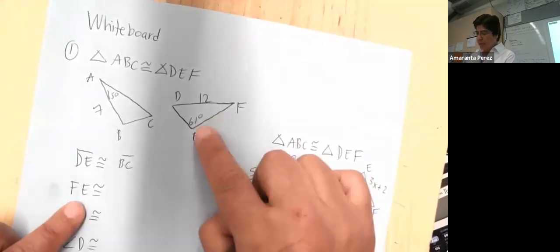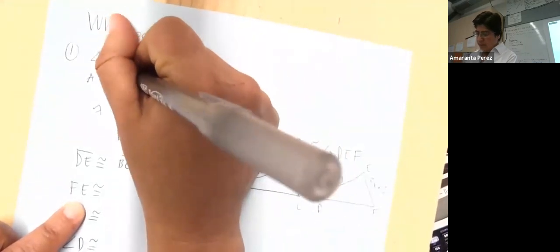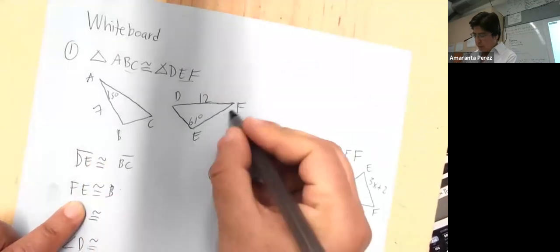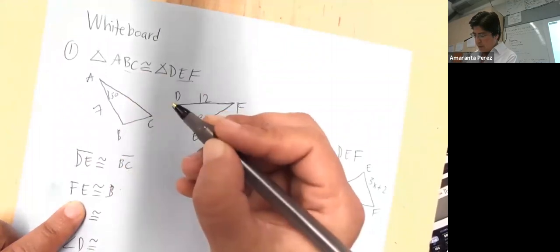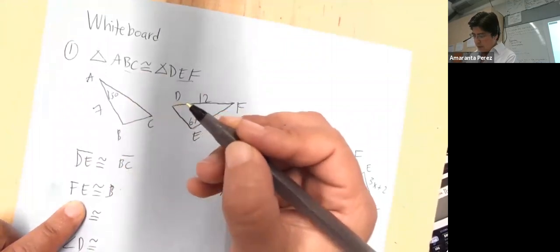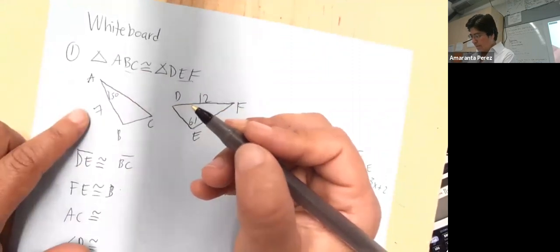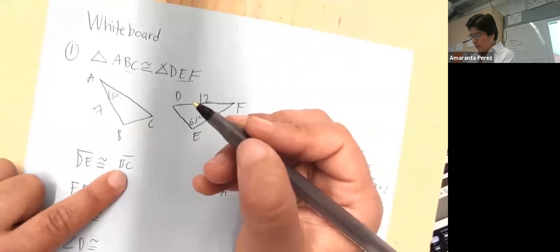So FE is this side, which is this part, which will be BC on this side. EF is BC. So is this correct? I mean, BC is this side.